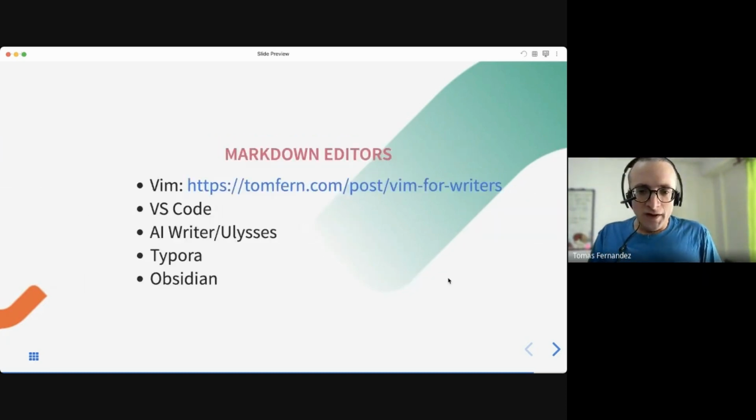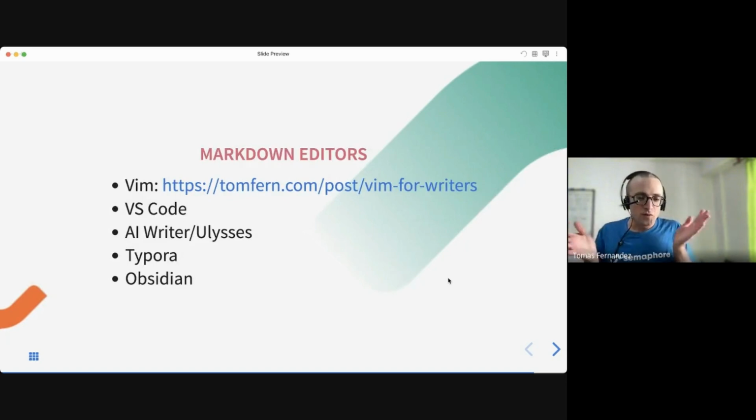And then, I don't know what kind of language or format you use, but I think Markdown is very popular. I tend to use Vim, and I wrote a short article with plugins and things like that. There are a lot of markdown editors, so you can choose. Some are paid, some aren't.